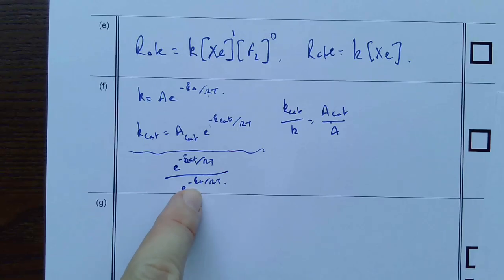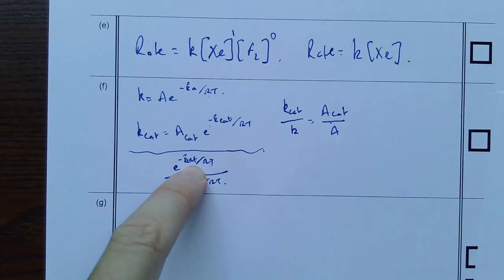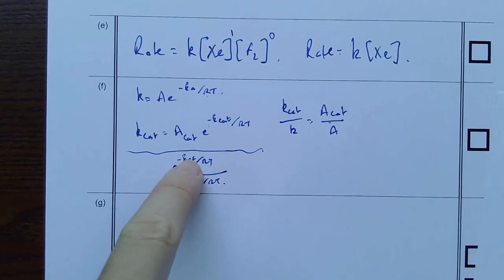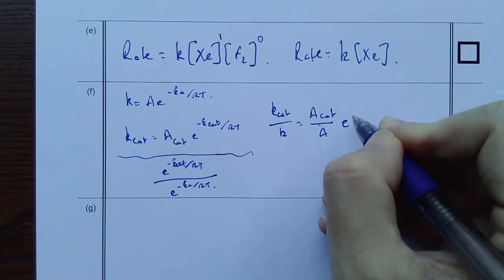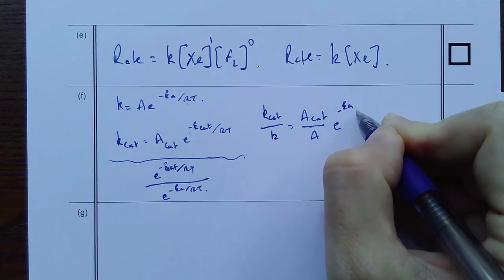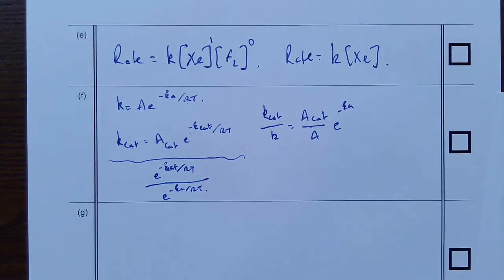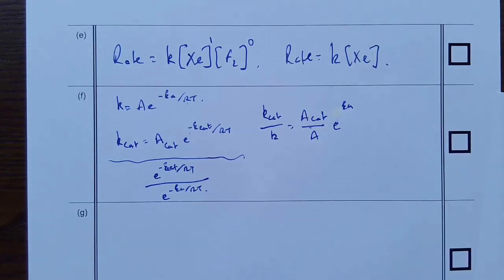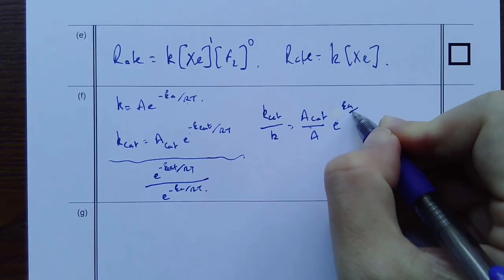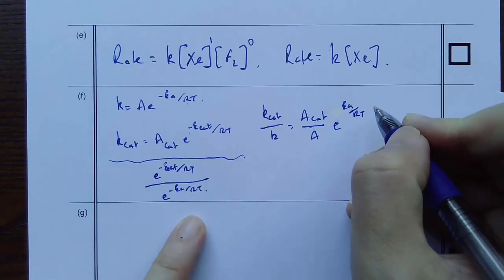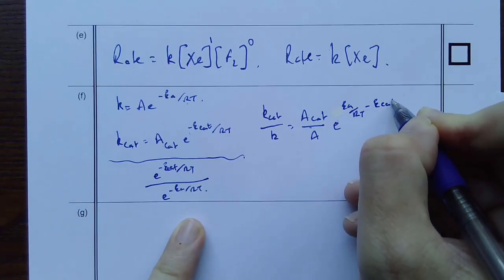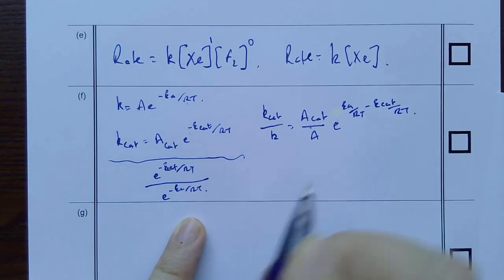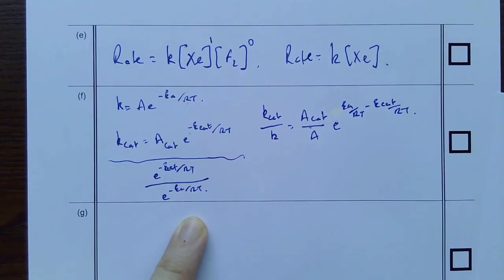And because this is a negative exponent, it becomes positive. You'll see what I mean. It becomes e to the... no, I don't want the minus. Luckily, I've got this from the mistake earlier. Okay: Ea over RT minus E cat over RT.